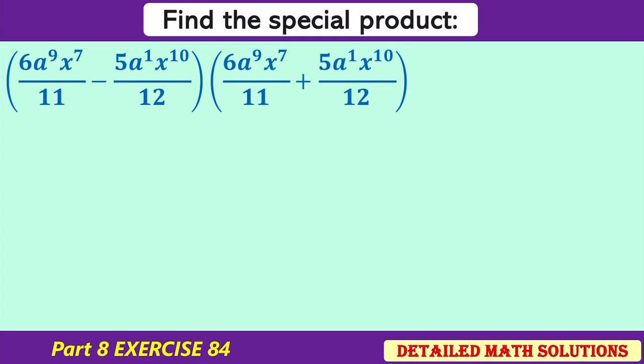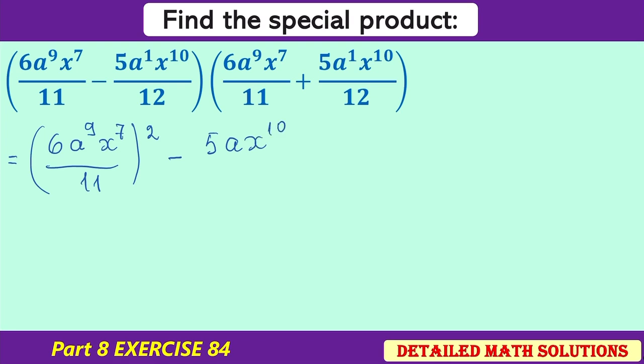And when I apply the formula, this equals (6 a to the 9th power x to the 7th power over 11) squared minus (5a x to the 10th power over 12) squared.